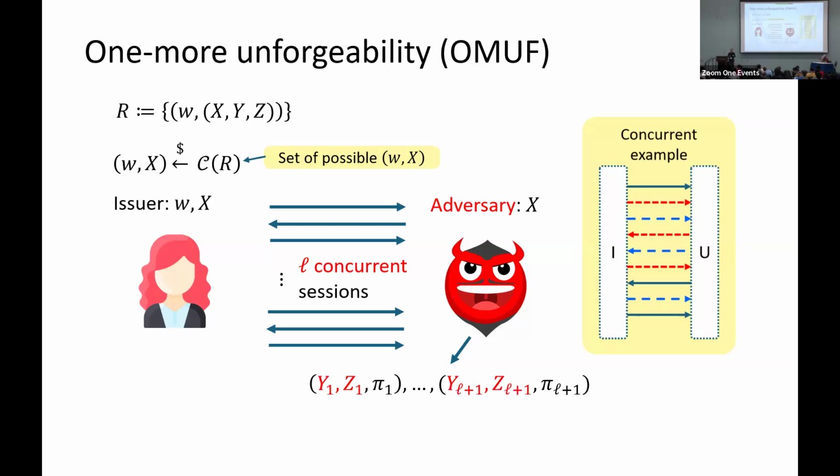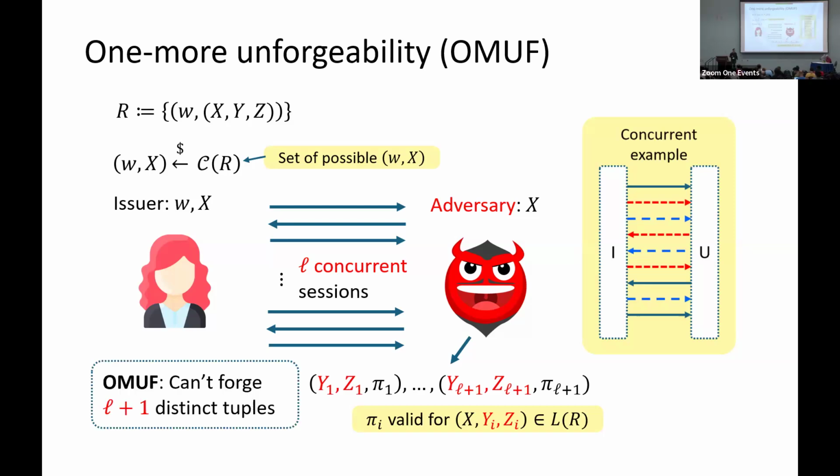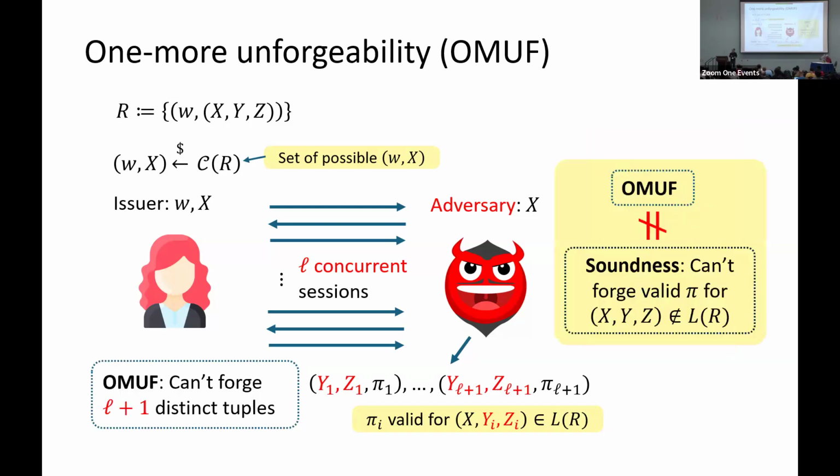The goal of the adversary is to output L+1 distinct tuples such that for each, proof pi_i is valid for the statement that X, Y and Z are in the language. One remark here is that this one-more unforgeability is different from soundness.